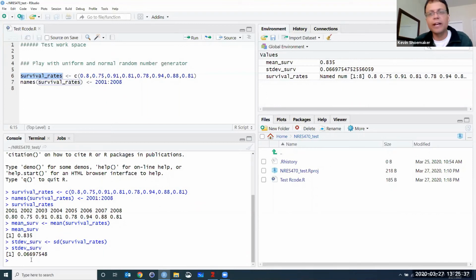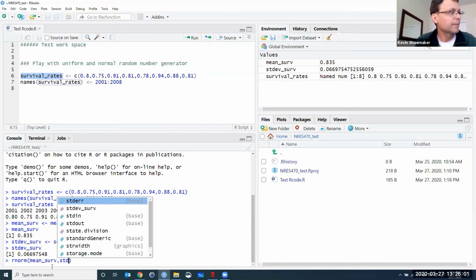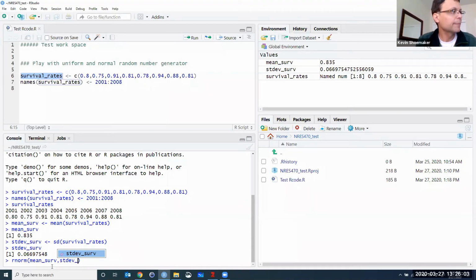So let's construct a random number generator, a normal random number generator. We take the mean survival rate and the standard deviation of survival, and the first parameter there, of course, is the number of random numbers we want to generate.